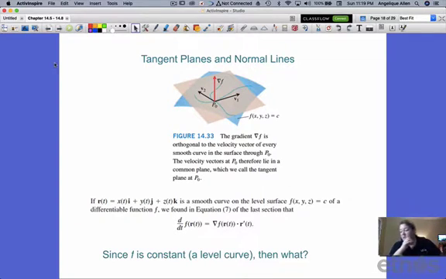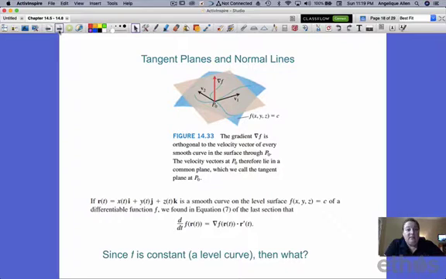So we've got a special situation where the gradient of f is going to be orthogonal to the velocity vector of our vector valued function. Since this expression ends up being 0, we know these vectors are orthogonal. So the gradient of f is orthogonal to r prime of t, which is like one of these vectors down here.